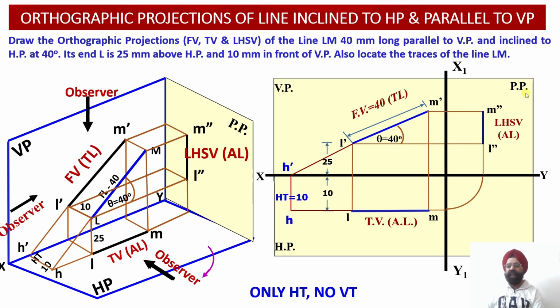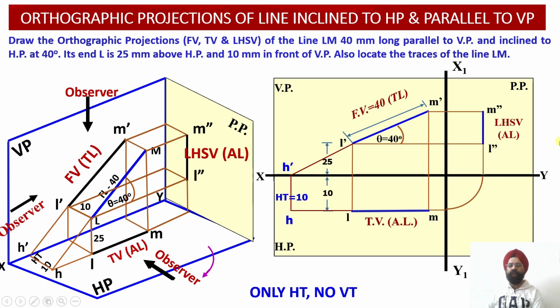This way we have obtained the front view, the top view, and the left hand side view orthographic projections corresponding to the line LM. Besides this, we have also evaluated the traces of the line.